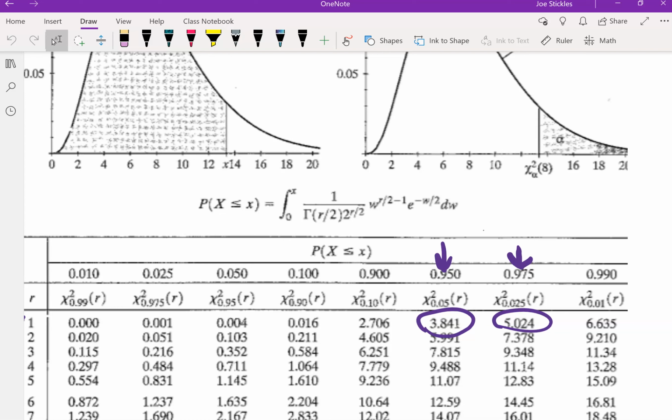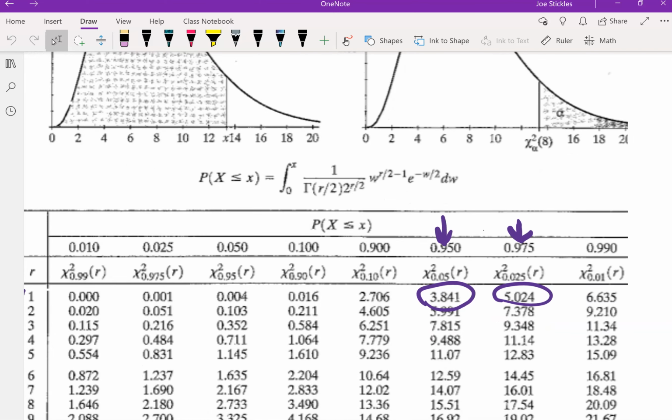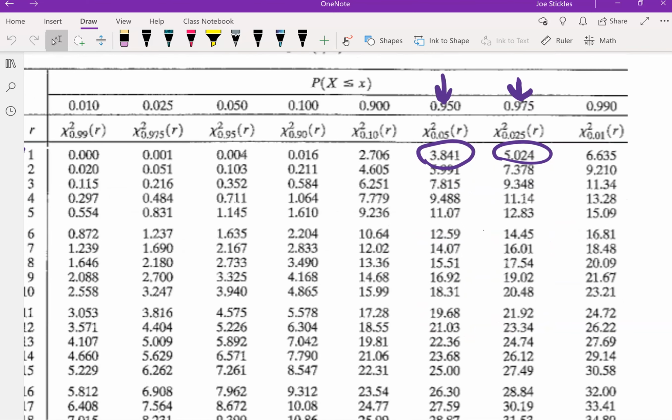All right. So here's my 0.95 column. Here's my 0.05 column. I need to get to 8 degrees of freedom. So here was the 0.95, here's the 0.05, right? We agree? If my value for my variable is in between those two values, then I have a probability that a chi-squared, well, I'm in the wrong row.